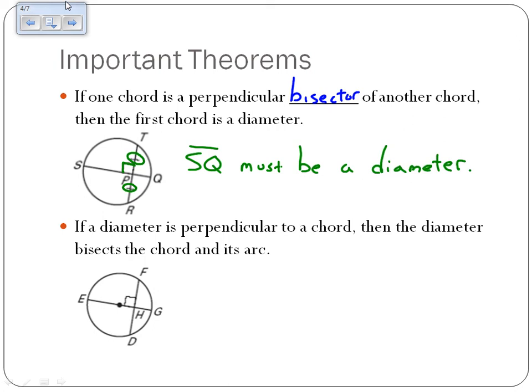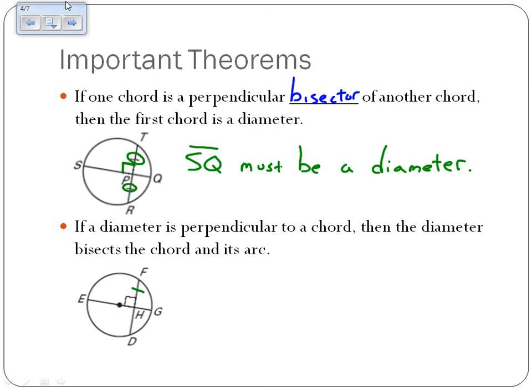If a diameter, the diameter EG, see how it goes to the center this time? They give you the center. If a diameter EG is perpendicular to a chord, that chord is FD, then the diameter bisects the chord and its arc. So that means it bisects the chord, so it cuts it into two equal pieces.